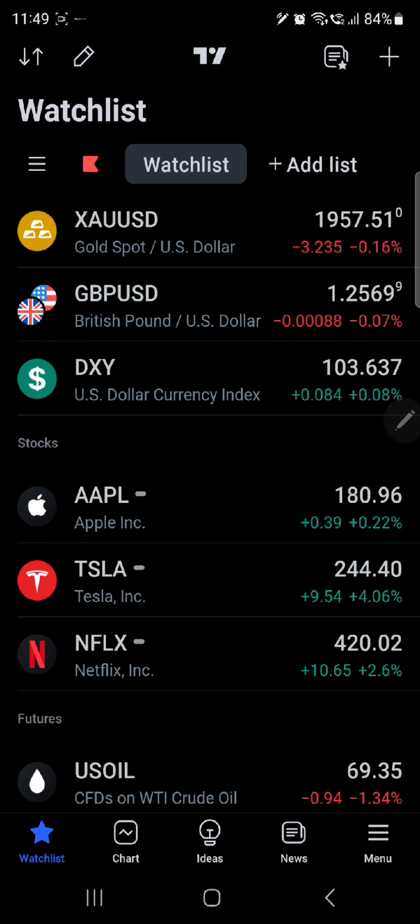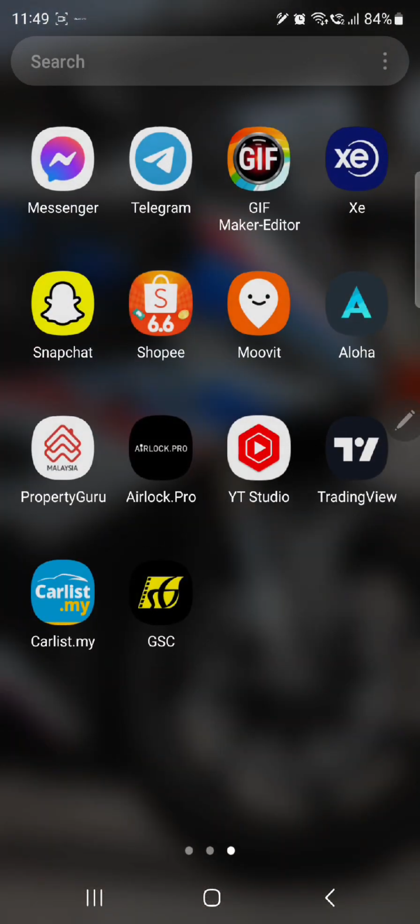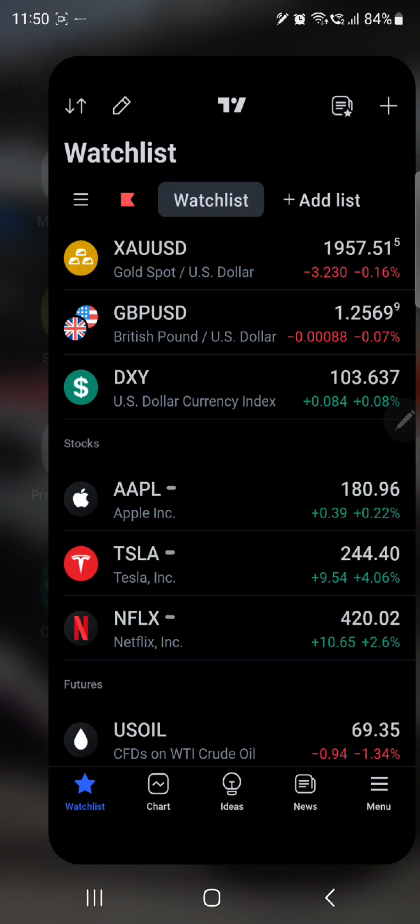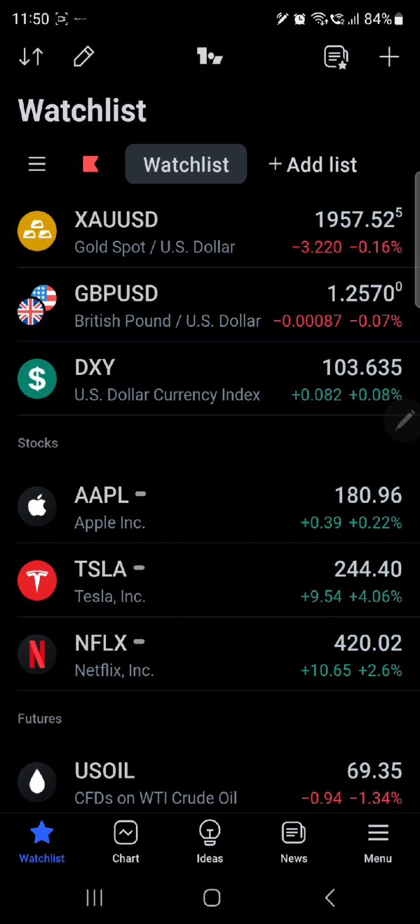So, if you see, this is the app that I'm using. It's called TradingView. Just download this app, whether from the App Store or the Play Store. I just want to say it's a really easy way.